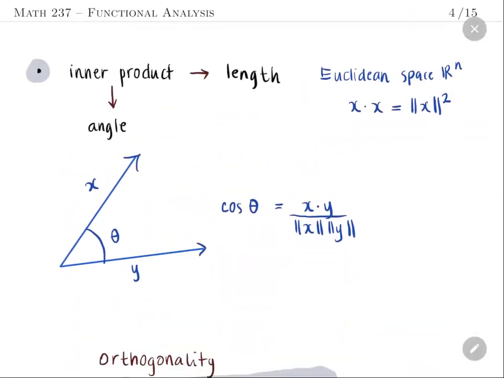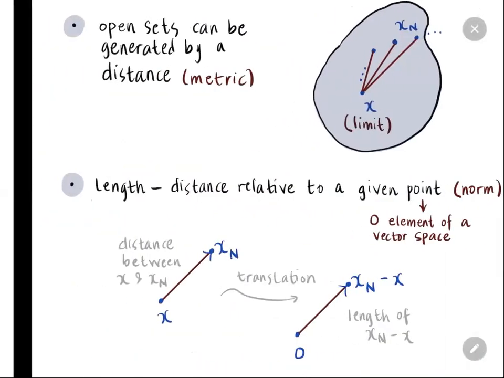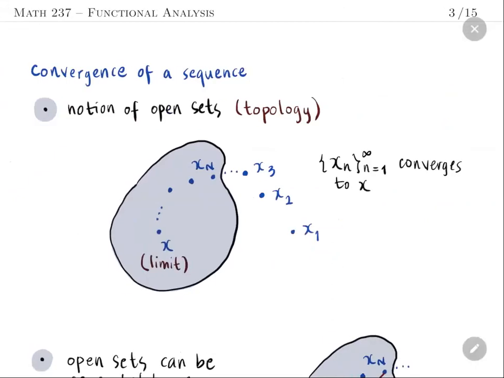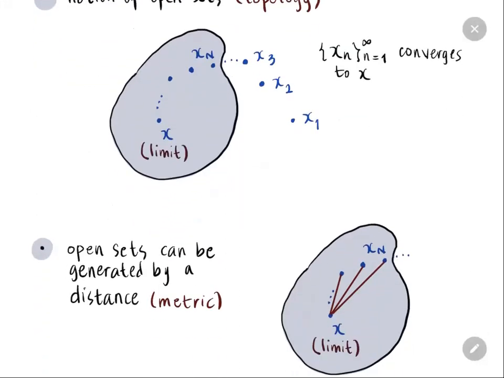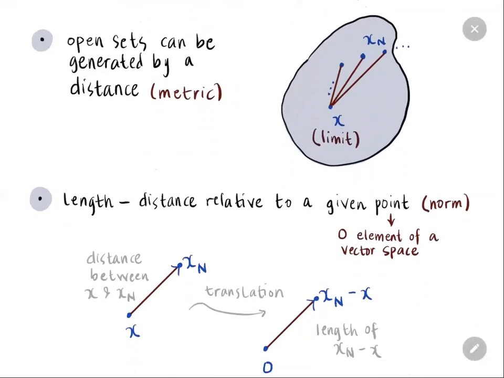So going back to the previous slides, here again, the convergence of a sequence. For convergence of sequences, it is enough to have the notion of open sets. Open sets can be generated by a metric. A metric can be derived from the concept of a norm, which is the generalization of the length.